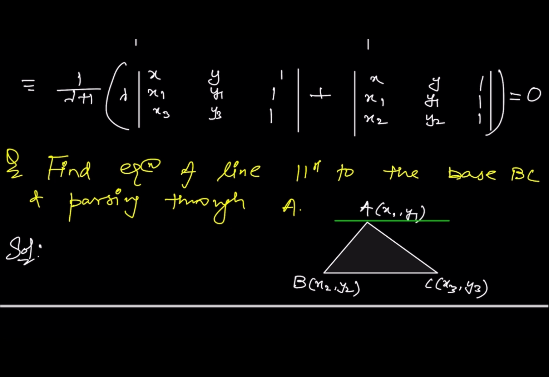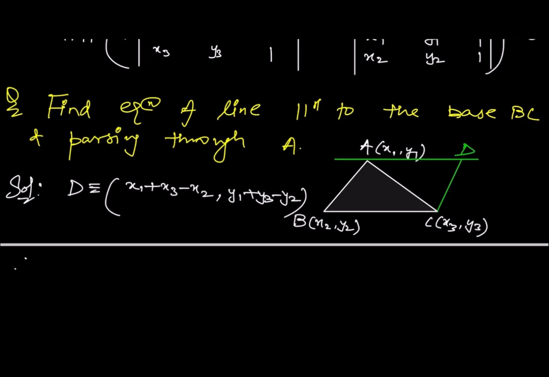If I use the concept of a parallelogram, then I can get a fourth point D. Say if A, B, C and D is a parallelogram, and this is D, then D can be written as (x1 plus x3 minus x2, y1 plus y3 minus y2).